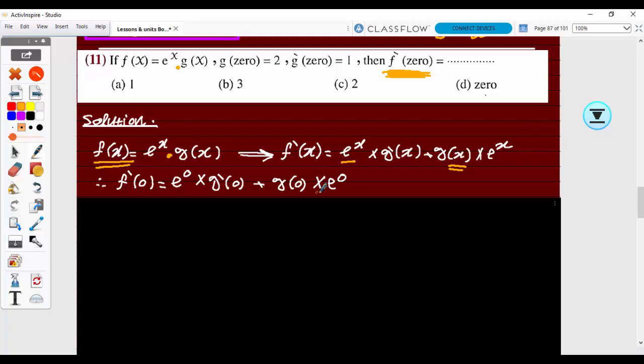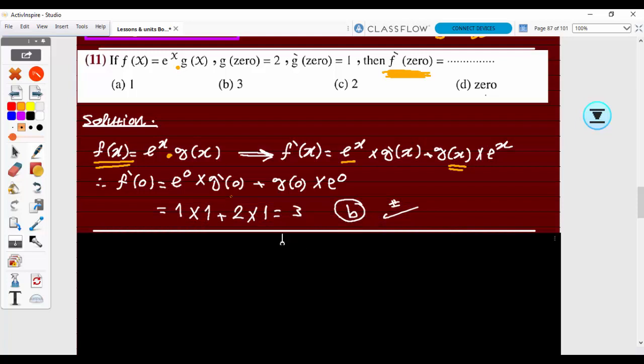This is substituting x equals 0, and you can complete. e power 0 equals 1. g dash of 0 equals 1 from the given, plus 2 multiplied by 1, since g of 0 equals 2 from the given. 1 multiplied by 1 plus 2 multiplied by 1 equals 3. And the solution will be in letter B here.